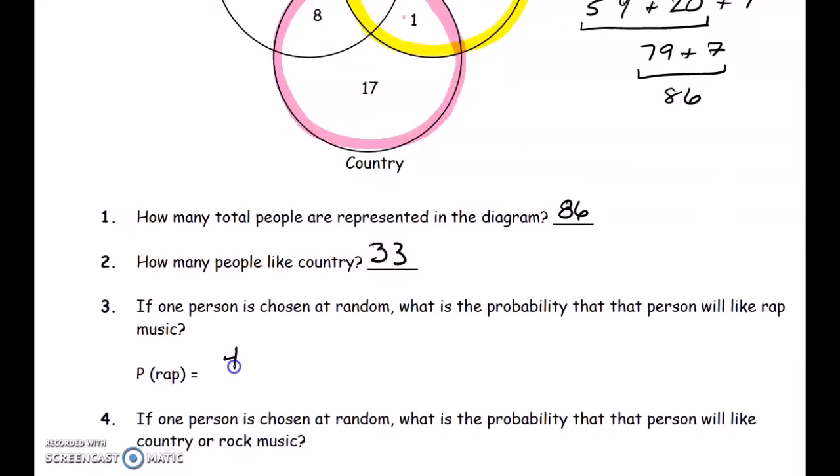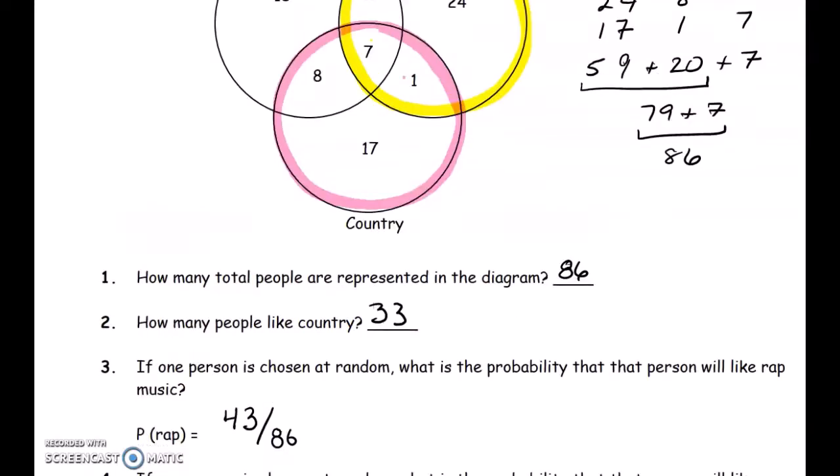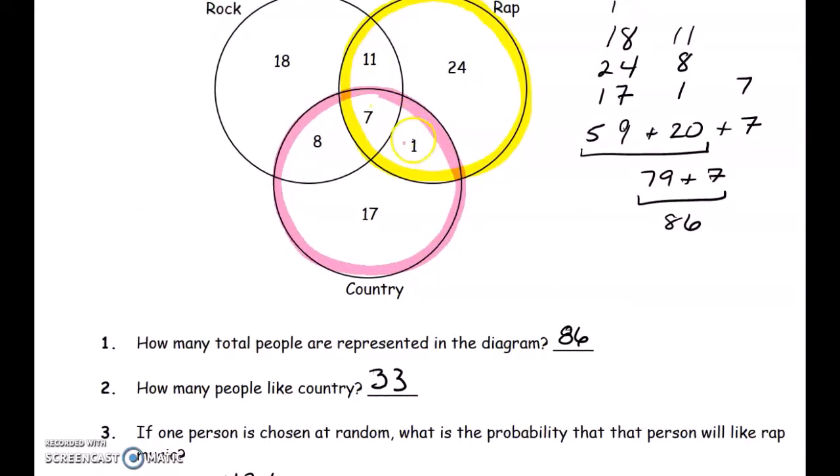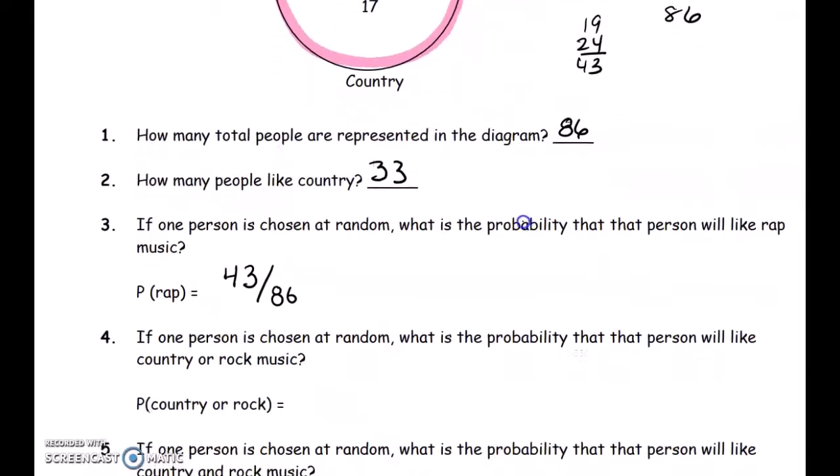So 43 people like rap, but that is actually out of the 86 people total. Let me just double check to make sure I did that right. 18, 19, and 24 is 43. Okay.